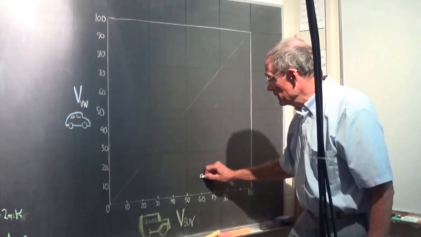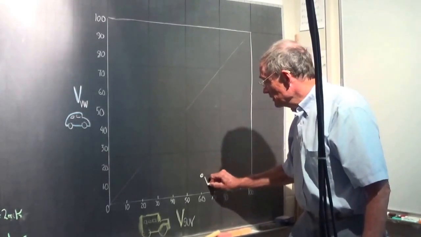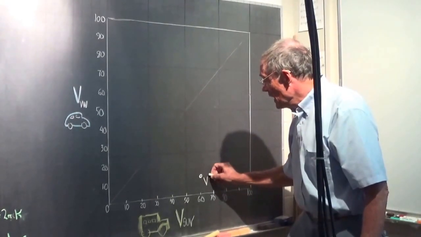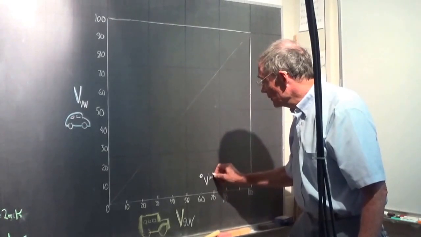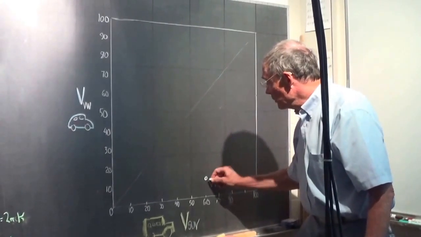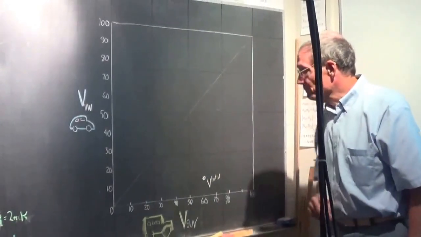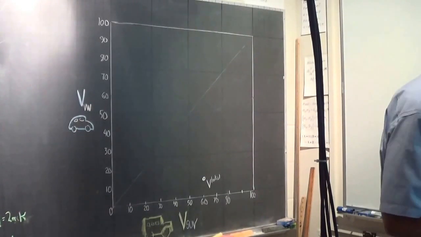So this is going to be a point that I'm going to just be arbitrarily calling VI for initial. I'll go ahead and spell it out. So that's where the collision starts. And then the question is, what happens next?